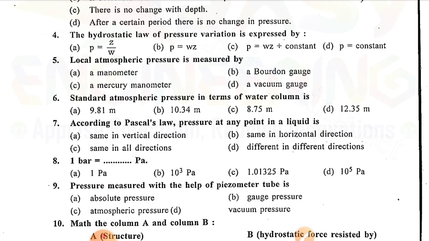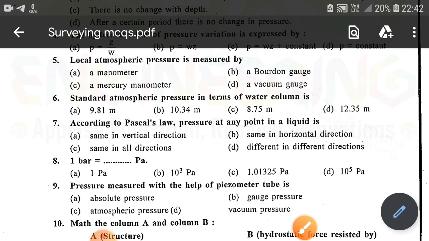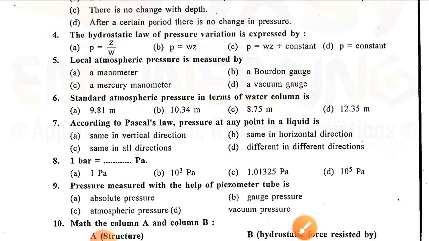Question number 4, the hydrostatic law of pressure variation is expressed by, option B is correct, P equal to W into Z. Question number 5, local atmospheric pressure is measured by, option C is correct, a mercury manometer.